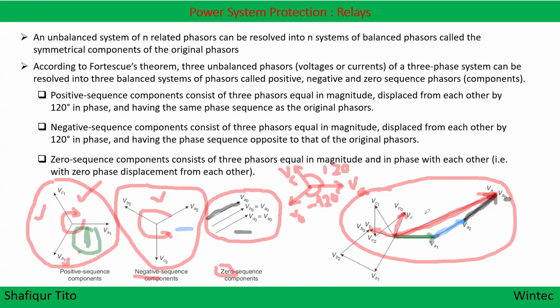So why are we doing this? As I mentioned previously in the introduction, analysis of a balanced system is much easier. So if you know the balanced components of your unbalanced system, then you can represent it with a balanced system, and then we can do the analysis of the fault condition easily.